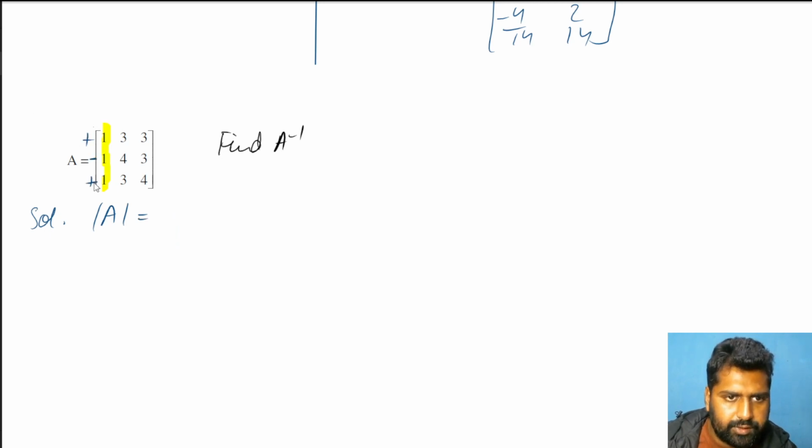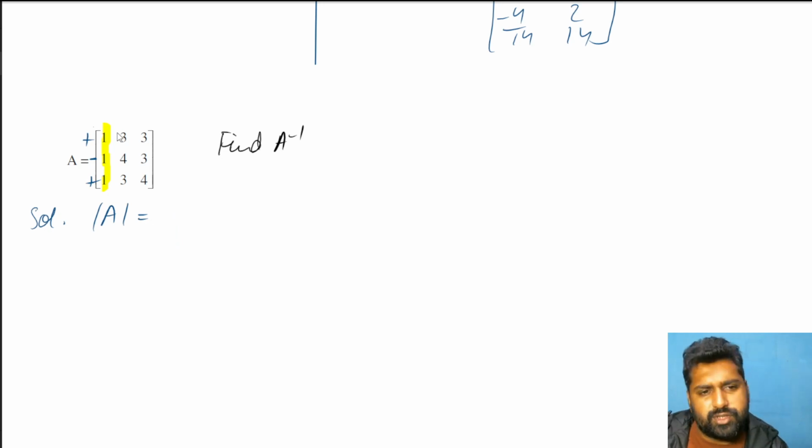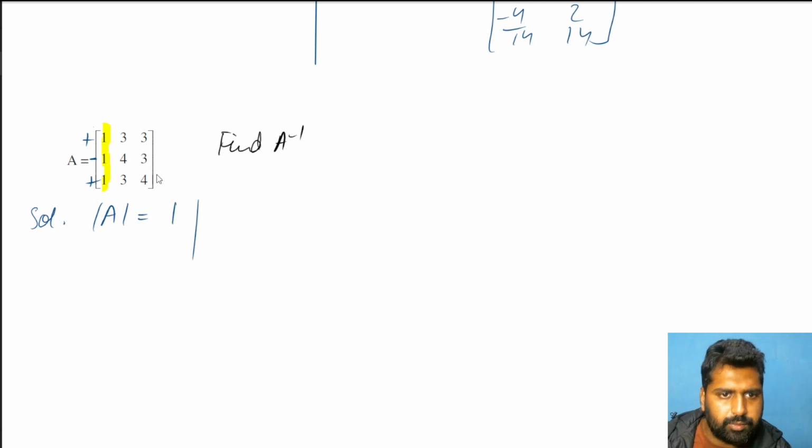Positive, negative, positive, this is the sign. First row or first column is positive, negative, positive. Second is the reverse, negative, positive, negative. Third is always the same, positive, negative, positive. So 1 into, now I'm doing it directly, 16 minus 9, so 7.